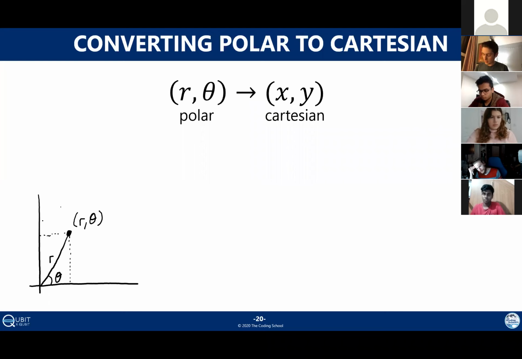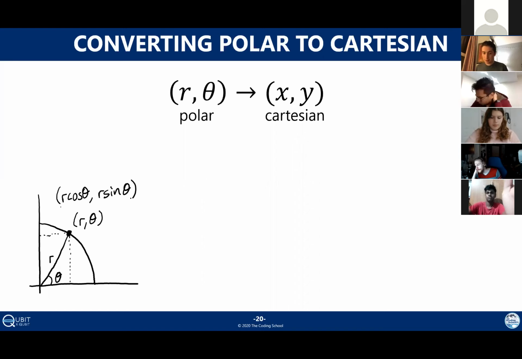So like I said before, we can imagine this point lying on a circle, just like this. The only difference here is that our circle is radius r instead of radius 1, like the unit circle. As I said before, the only difference there is that our coordinates are going to be given by r cos theta and r sine theta.